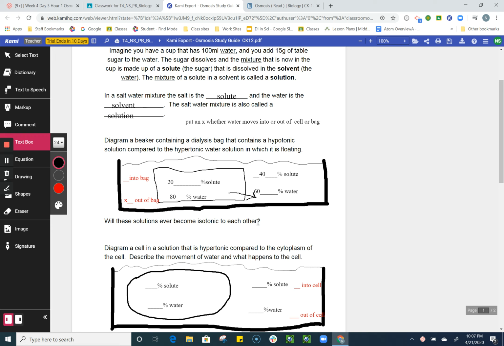No, that's wrong. They won't be isotonic because isotonic refers to the salt concentration. So they may not, unless it dissipates it.